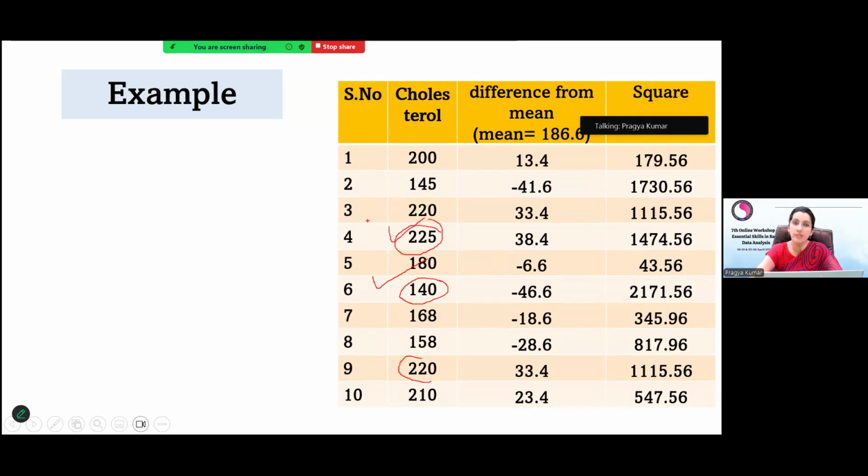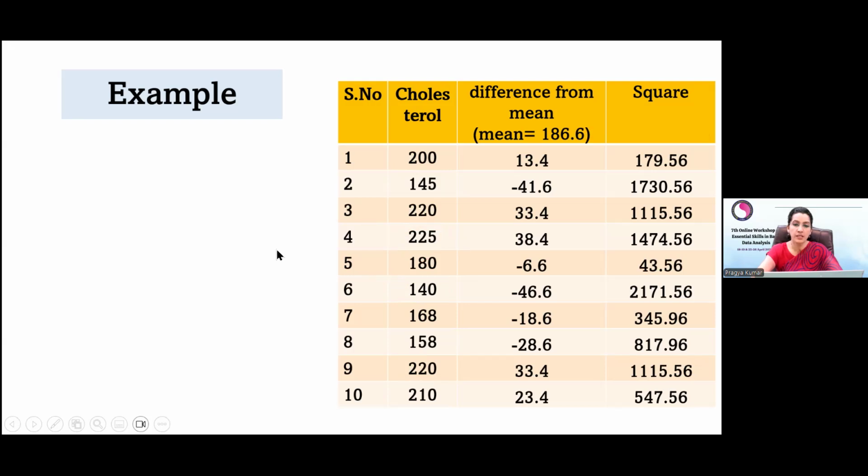Next, coming to the standard deviation. How is the standard deviation calculated? In standard deviation, you basically measure the difference from the mean. In the previous slide, you have seen that the mean we calculated is 186.6.